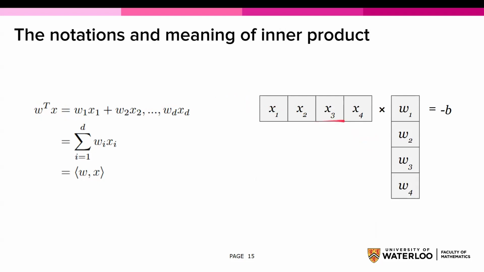That is, get a 1 by 4 to multiply by a 4 by 1. This is equivalent to the sum over i of the product of w_i and x_i. And you might also see the inner product written as w comma x enclosed in these angled brackets here. So these are four ways to write the inner product.